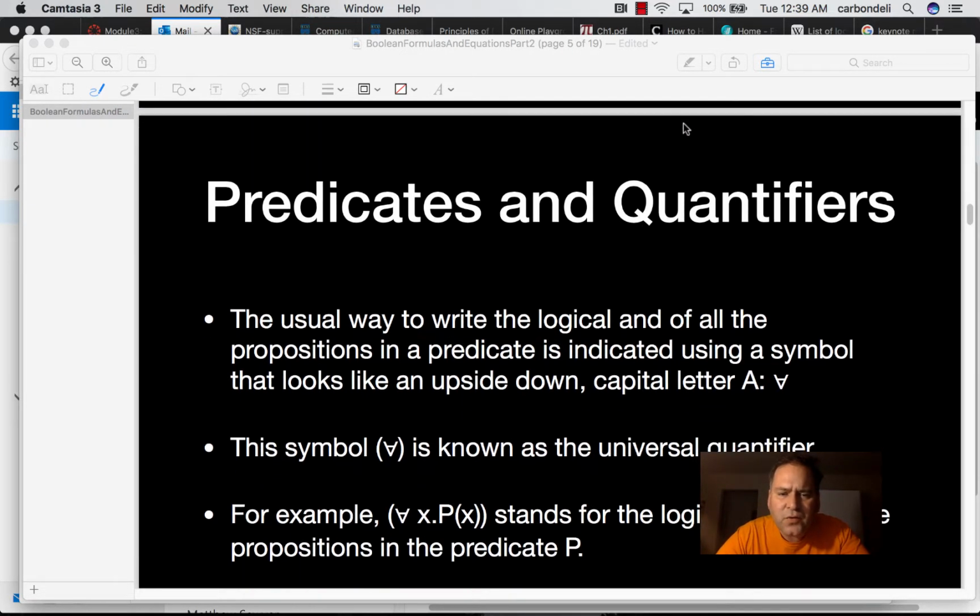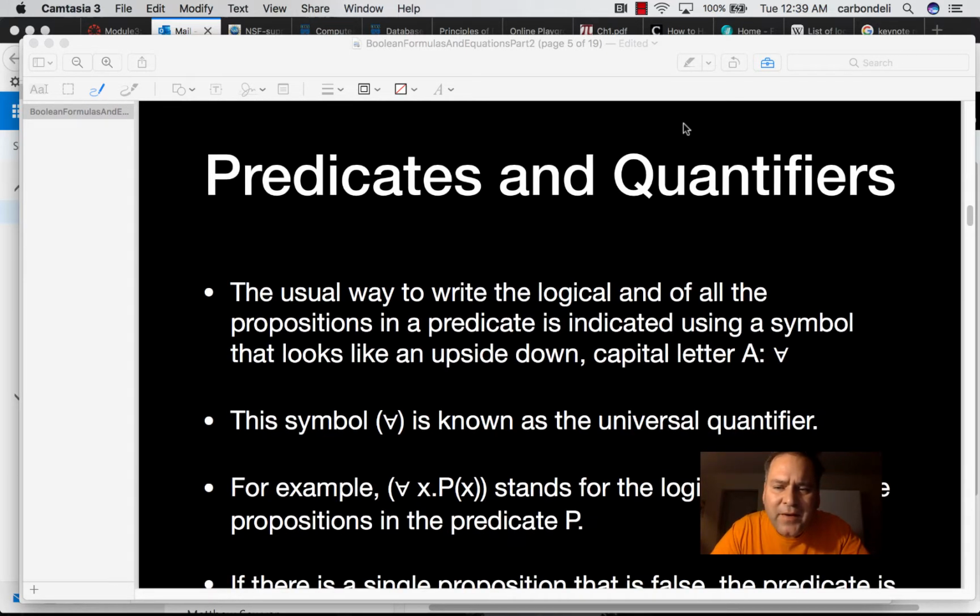The usual way to write the logical AND of all the propositions in a predicate is indicated using a symbol that looks like an upside down capital letter A. You can see it right here.